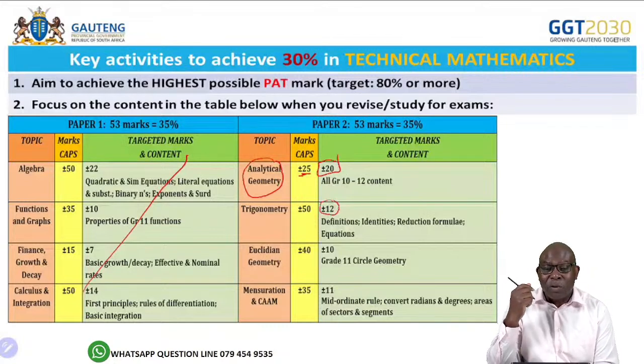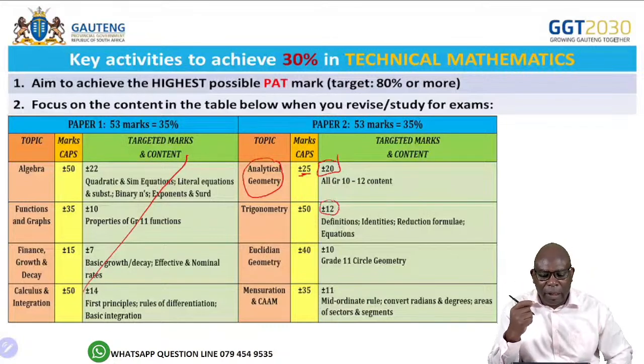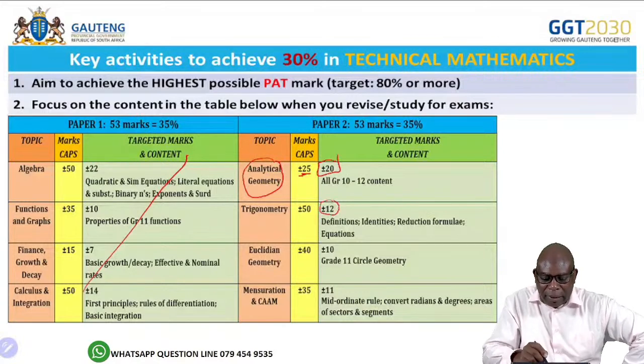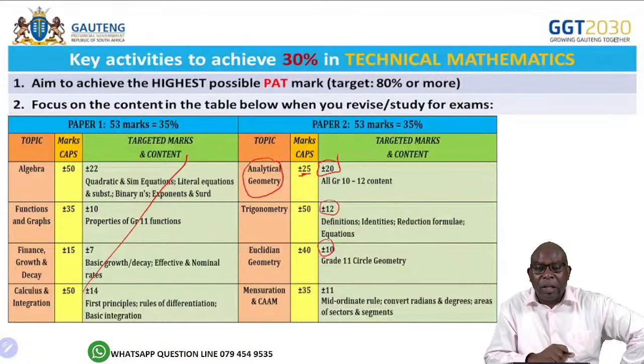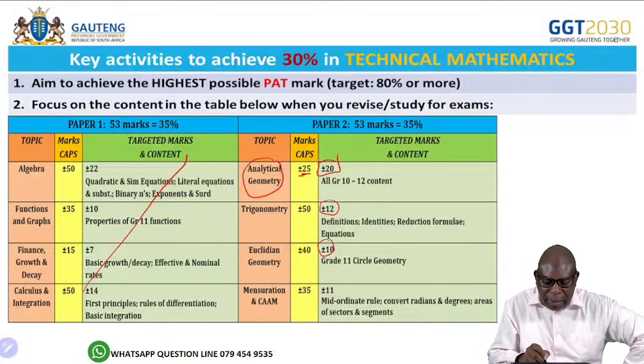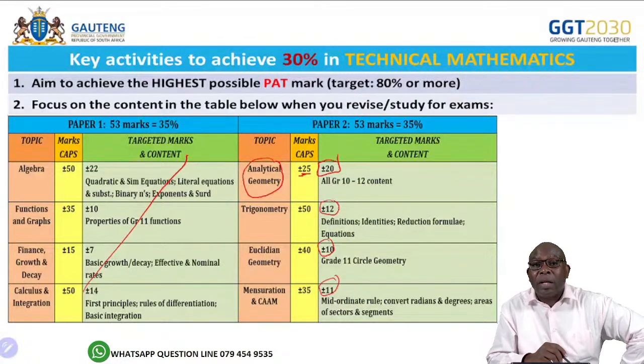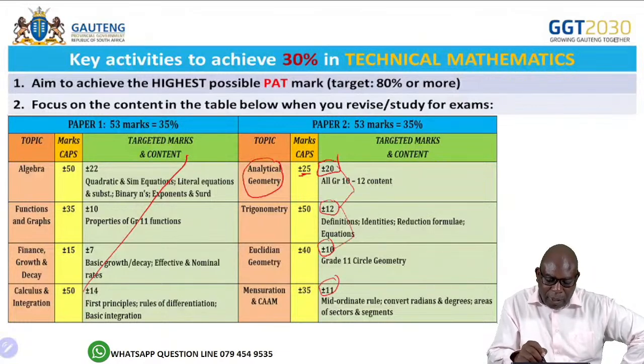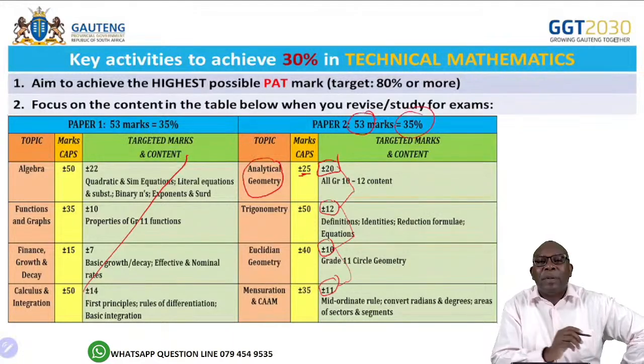If I target 20 in analytical geometry, 12 in trigonometry, 10 in Euclidean geometry, and 11 in mensuration and circles, angles, and movement, then I'll have 32 marks, 42 marks, 53 marks. So I'll get 53 marks, which is 35%.